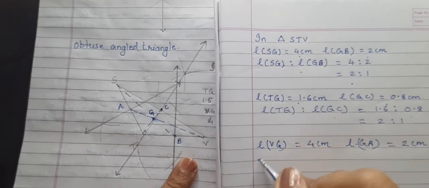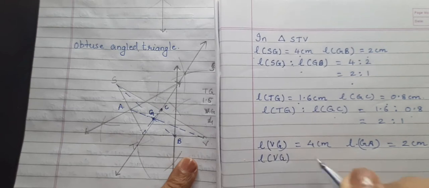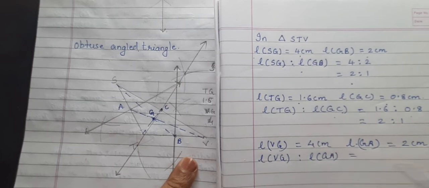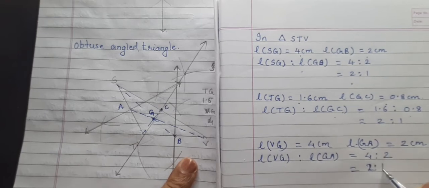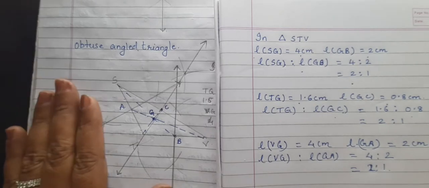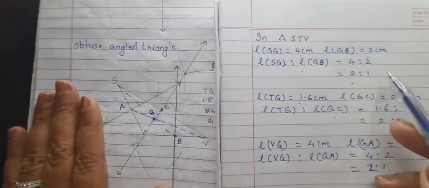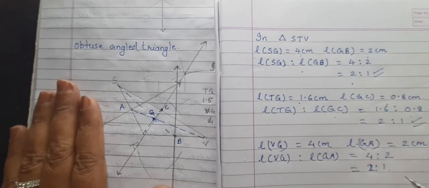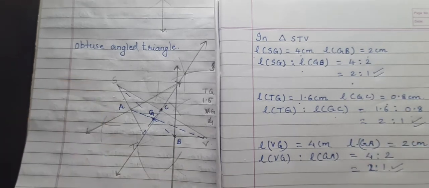When I calculated the ratio of length of VG to length of GA, that is 4:2, equal to 2:1. This is for the obtuse angle triangle. Everywhere you will see that the ratio is coming as 2:1, or nearby 2:1.